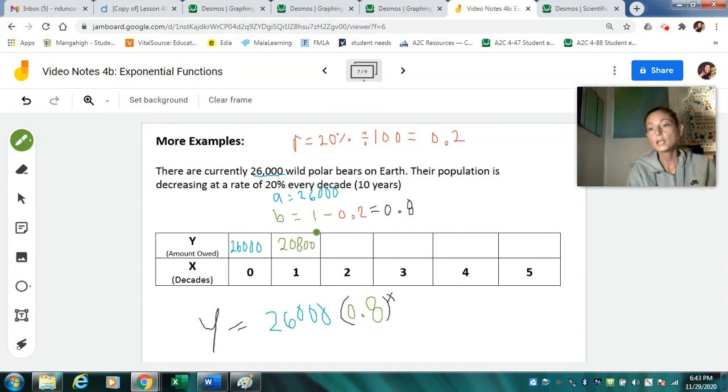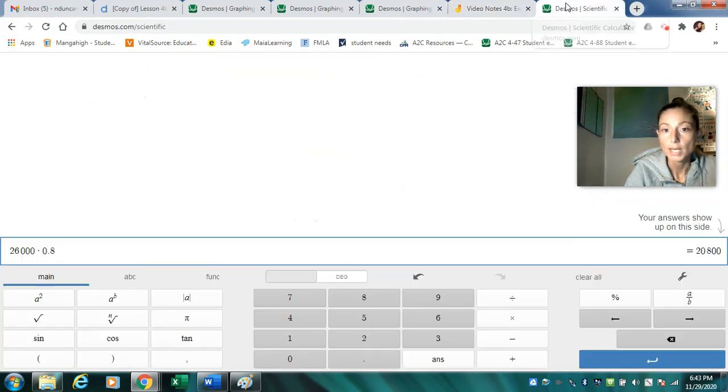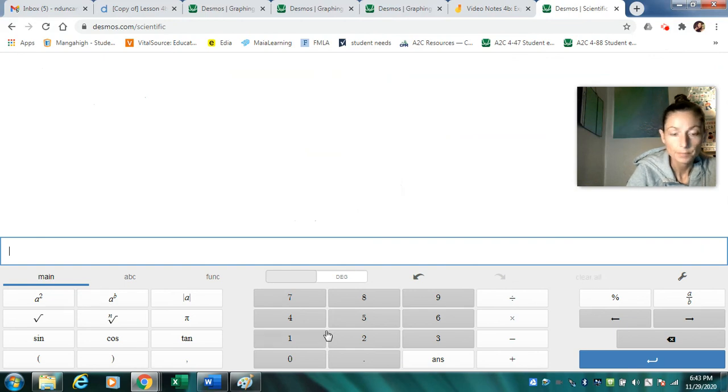So then if you wanted to skip ahead 50 years, 5 decades, we can actually calculate that without having to create the rest of the table. So what I can do then is I can say, clear all, I'm going to put in my equation, 26,000, parentheses, 0.8, and then the exponent will be the amount of decades I'm looking for.